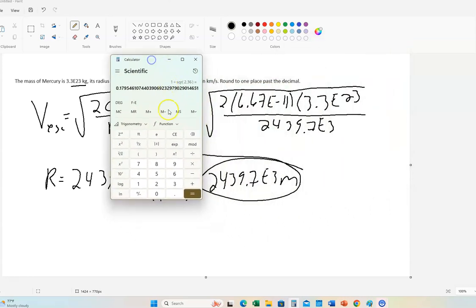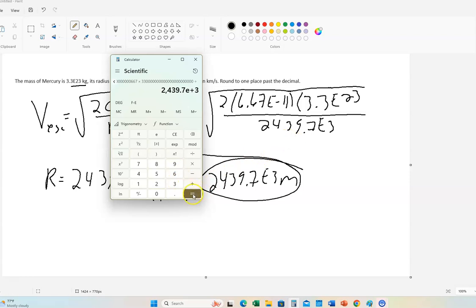So it's the square root of 2 times 6.67 times 10 to the minus 11th times 3.3 times 10 to the 23rd, divided by 2439.7 e to the third.